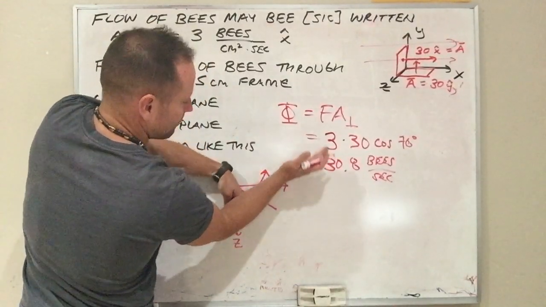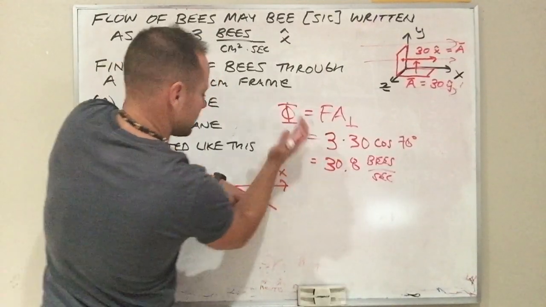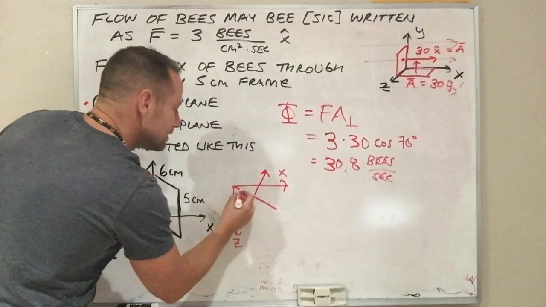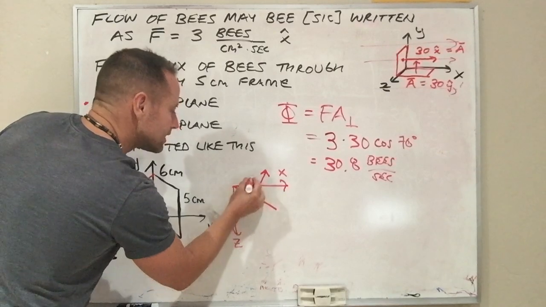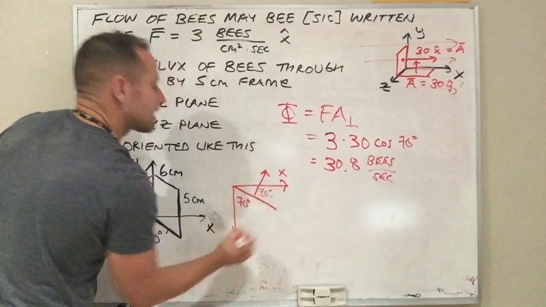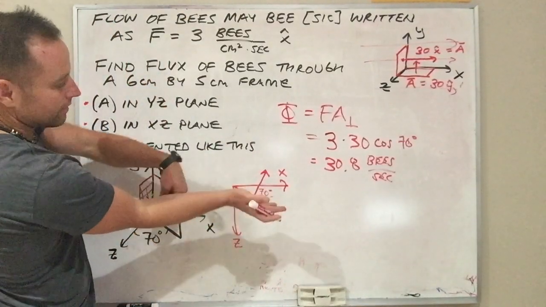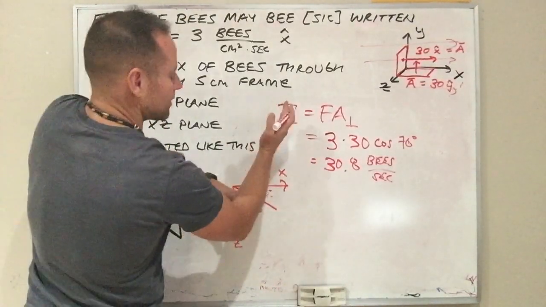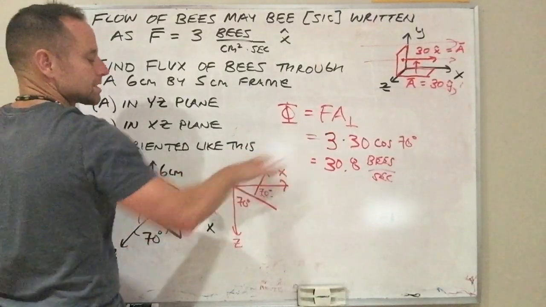Well, we've cranked this thing up by 70 degrees. So if that is 70, then that means that this thing would be 70 here also. This arrow has been cranked up by 70 degrees from the horizontal.